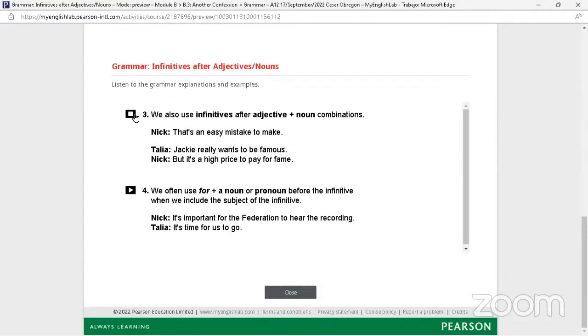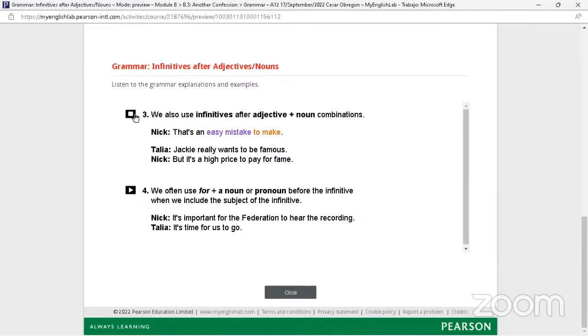We also use infinitives after adjective plus noun combinations. That's an easy mistake to make. Jackie really wants to be famous.